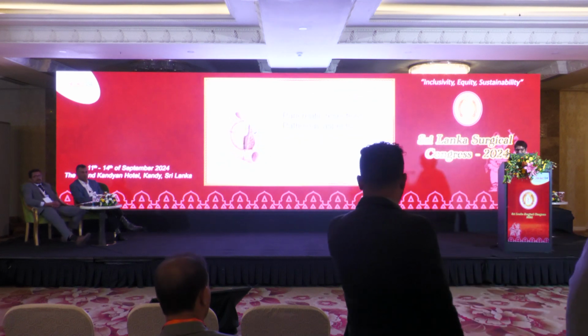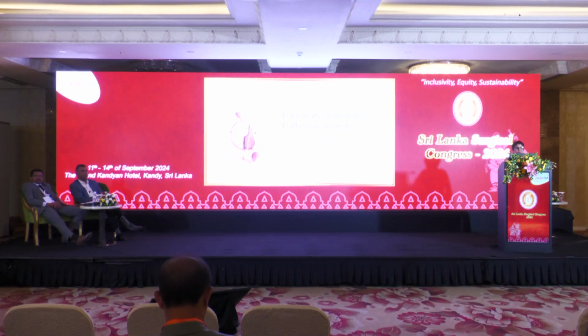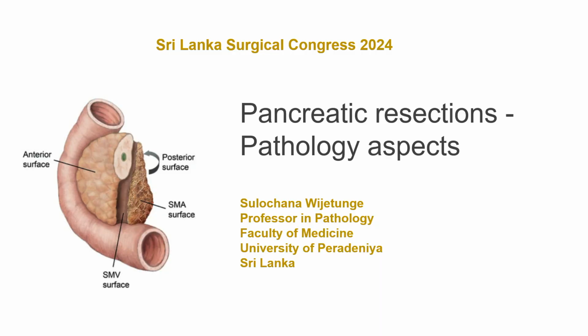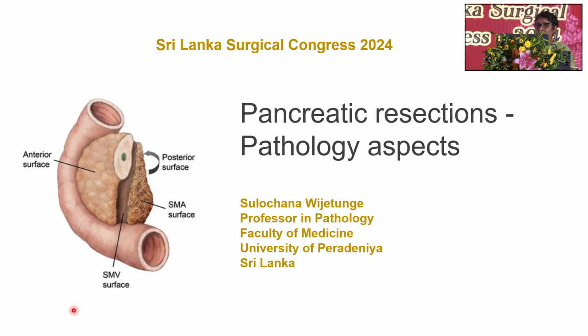Thank you for that introduction, and also thank you for inviting me to share my experiences in pancreatic resection specimens. So basically I will be mostly touching on the practical aspects.